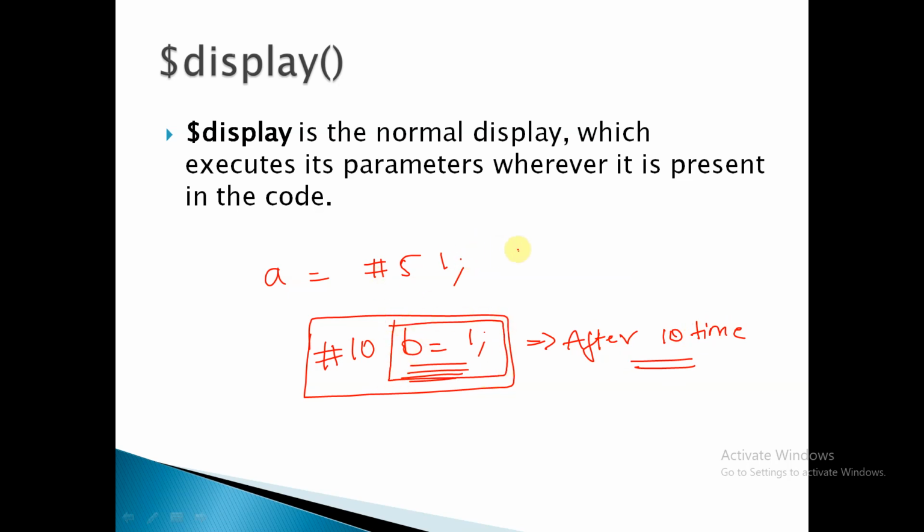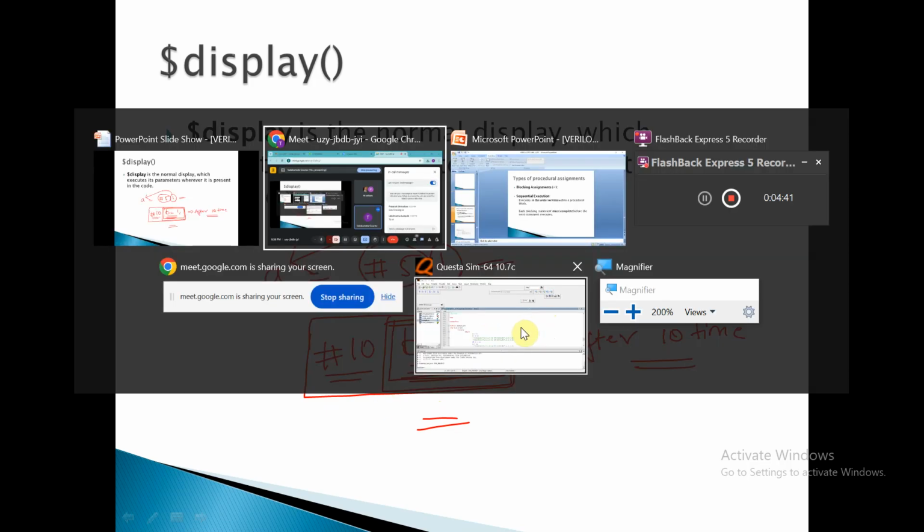In the case of intra assignment delay, this particular RHS to LHS execution is happening after 5 time units. And in the case of inter assignment delay, the whole execution is happening after 10 time units. Is it clear for everyone, the inter and intra assignment delay? Is it clear?